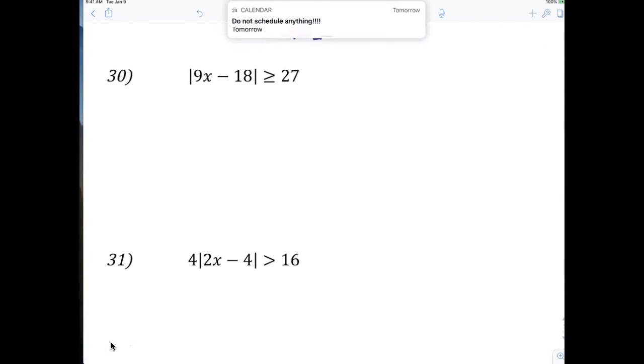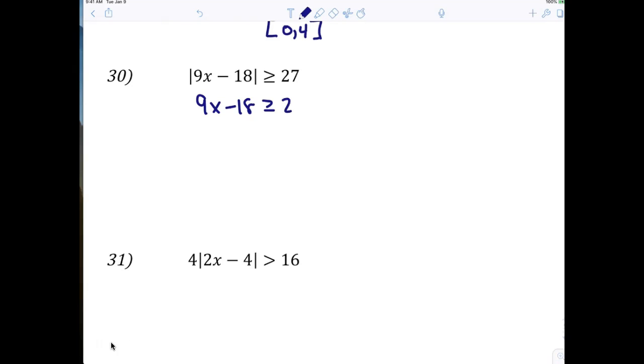Solving 30 again. 9x minus 18 greater than or equal to 27. And so now adding 18, then dividing by 9.